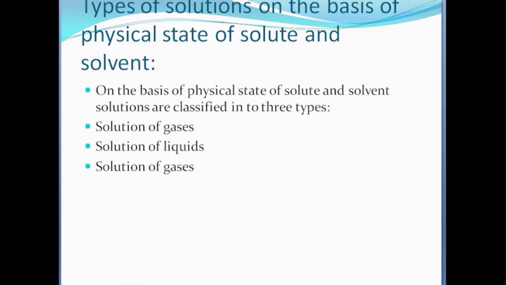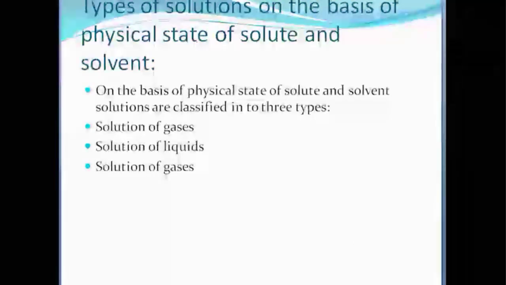Like over here we can give an example of 10 cm cube of alcohol dissolved in water to make 100 gram of a solution. So this is all about how we can represent percentage of a solution.